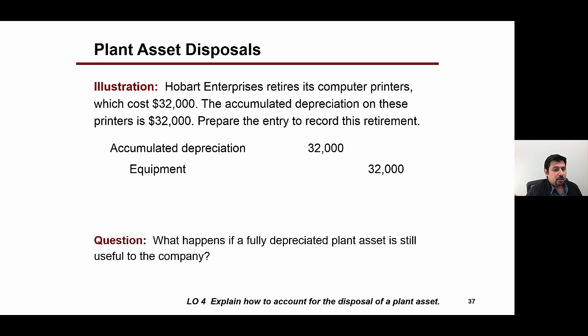This indicates that the equipment asset was completely depreciated, but the company is still using it. And the reason the company would not credit equipment here is simply that the company still has the asset and did not get rid of it, but it has been fully depreciated.